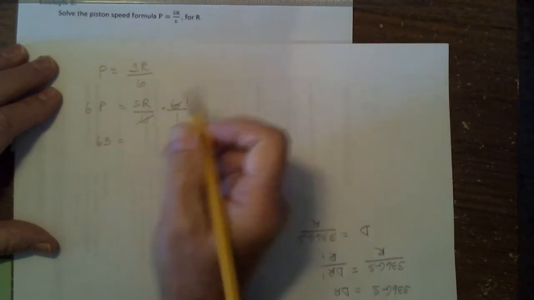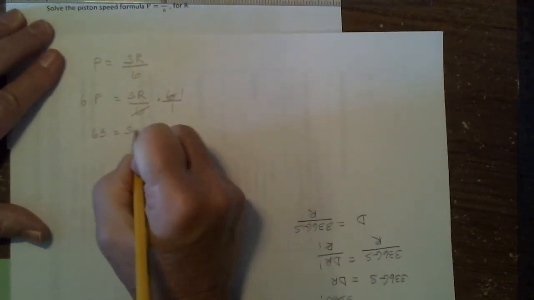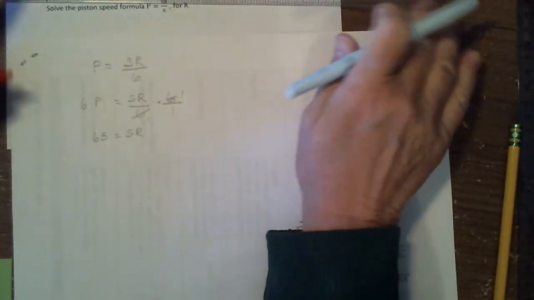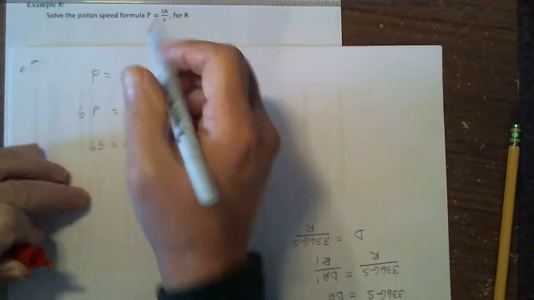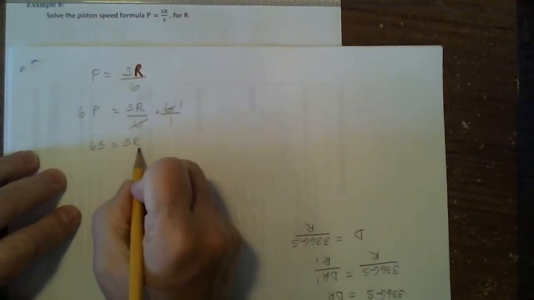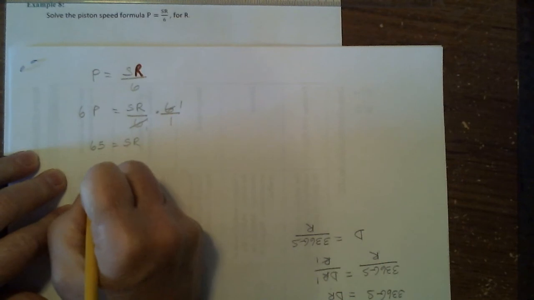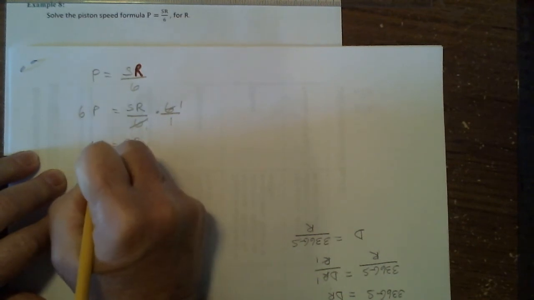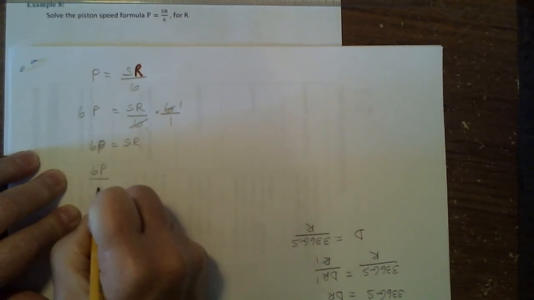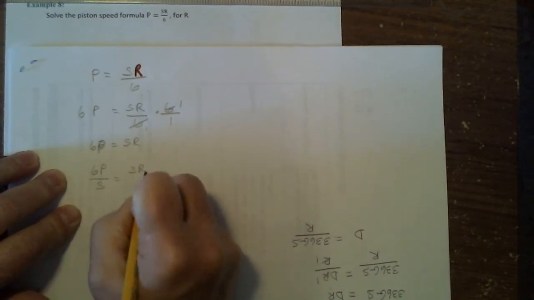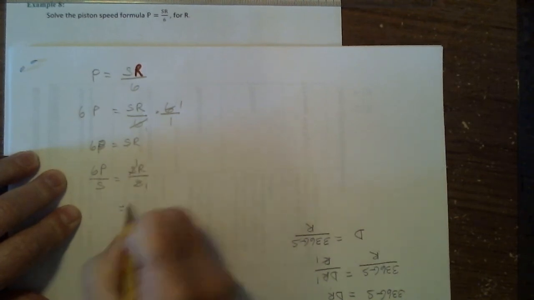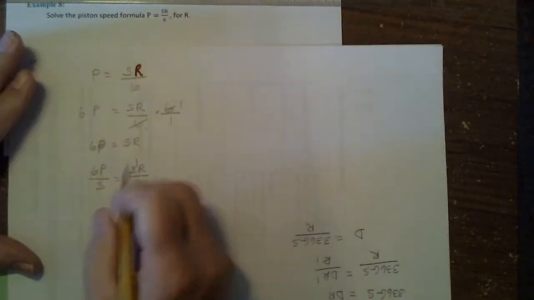6P is equal to SR. And again, whom am I after? I'm after R. So if I'm after R, S has got to go. Oh, that's a P, not a 5. 6P over S is equal to SR over S. These guys drop out, leaving me with just R, which is what I want.